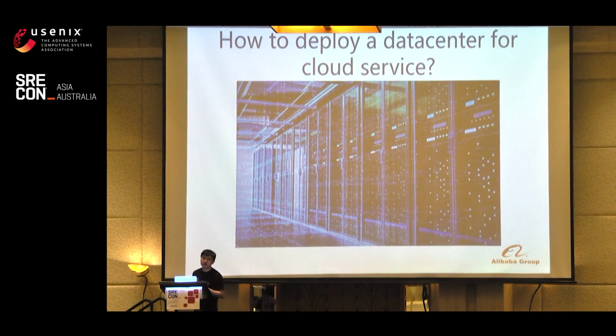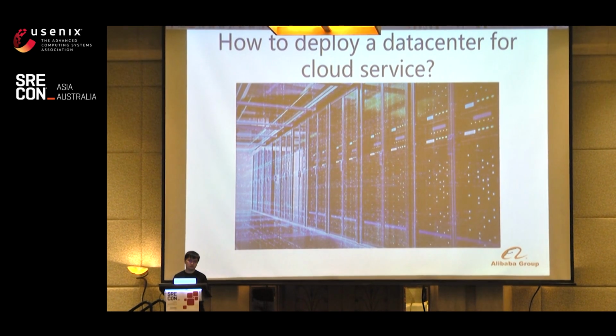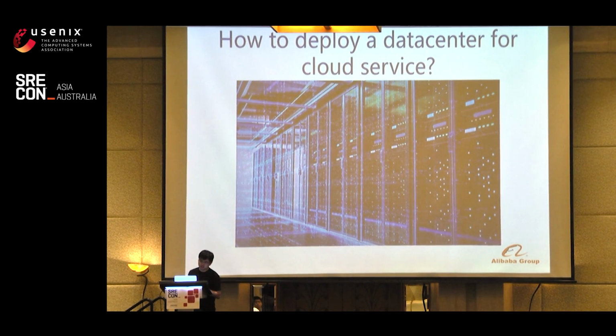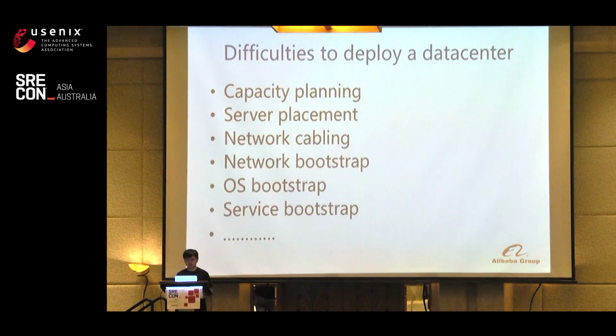But later when we started the cloud service, it's a totally different thing, because cloud service is actually a software offering. And when we want to provide elastic computing or storage service, it has many requirements for the data centers. So then we found we have many difficulties to deploy a data center.